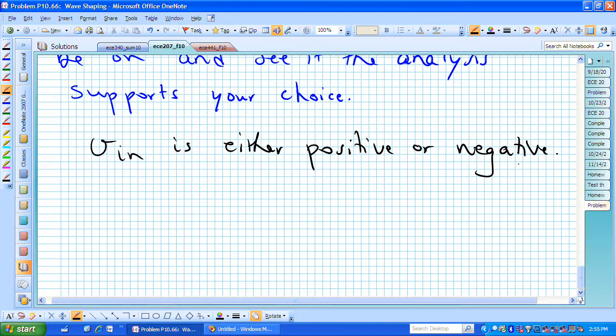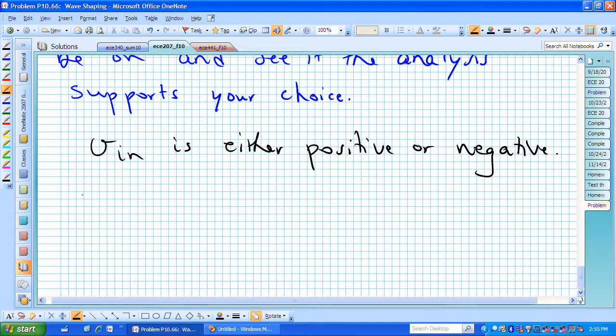Let's just pick one to start and then see if the analysis supports that decision, and I'm actually going to try to pick it so that it's the wrong selection as far as the combination of Vn being positive and one diode being off or on, and then we'll be able to see what you could do if you were confronted with that particular situation in an exam.